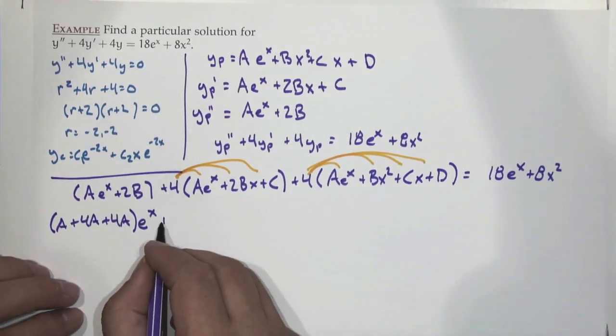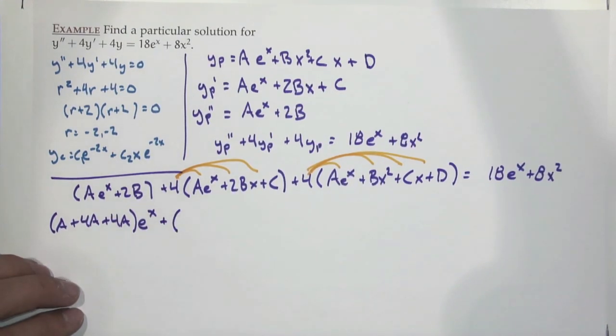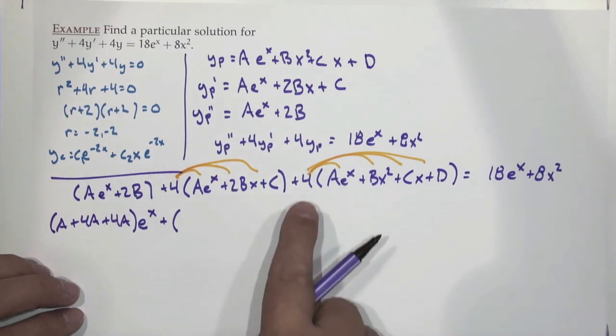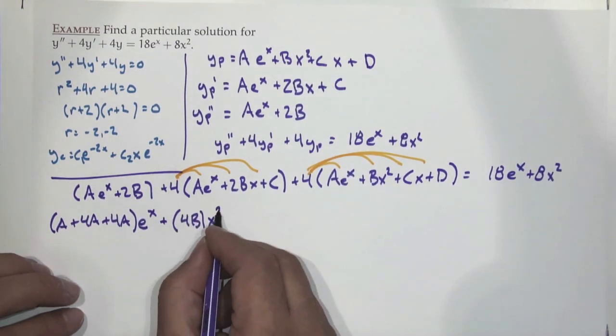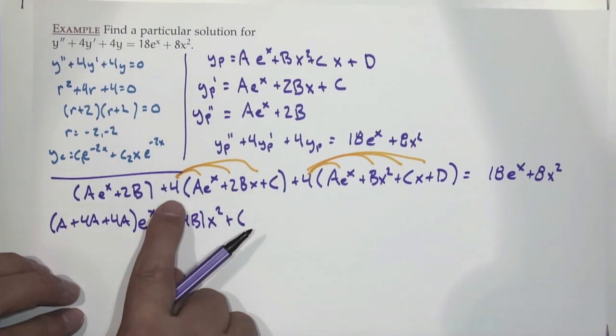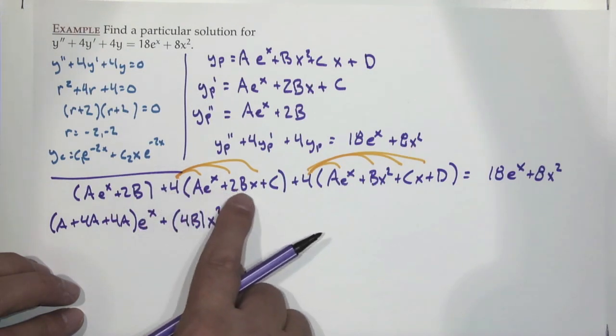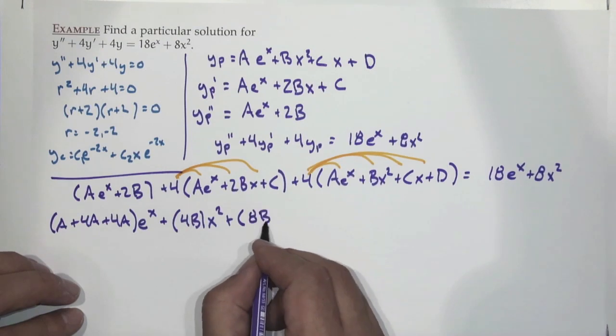Well, what's our next function? Let's do our x squareds. Do we have any x squareds? 4b. Do we have any x's? There's an 8b and a 4c.